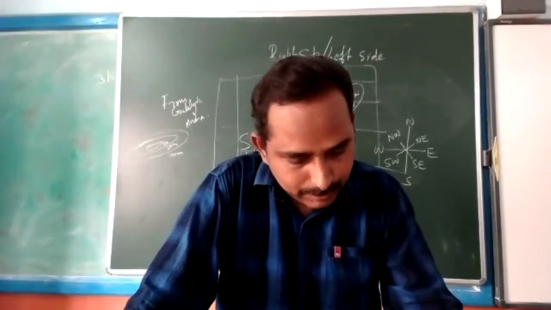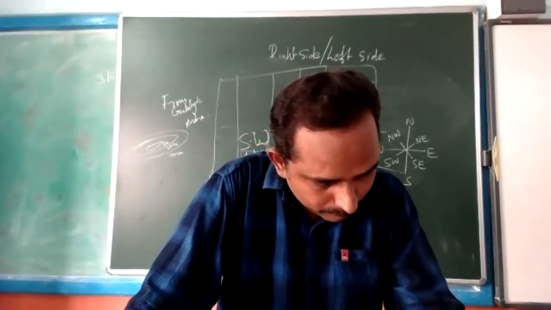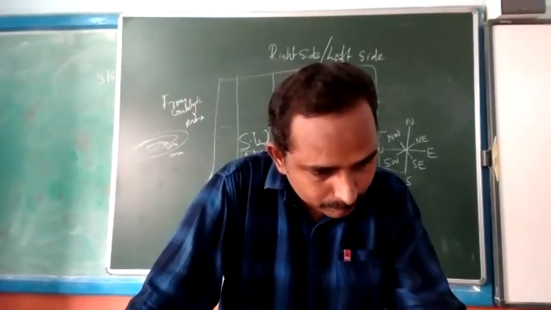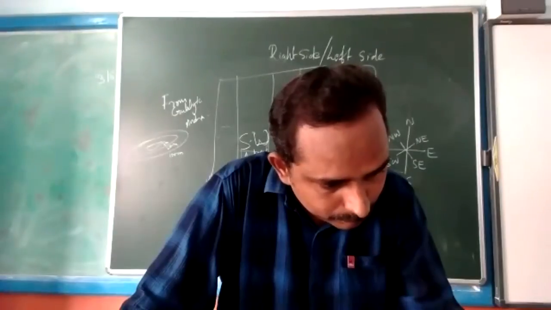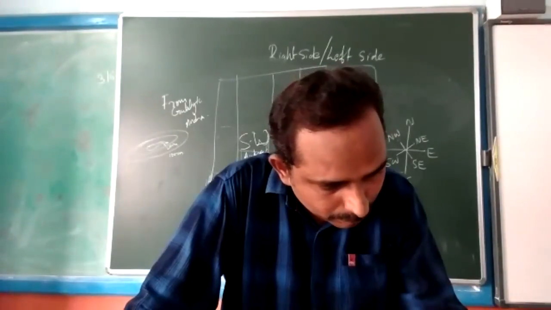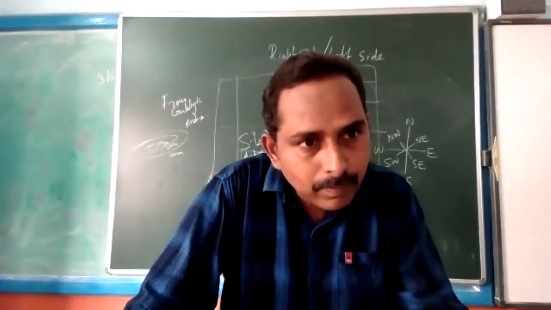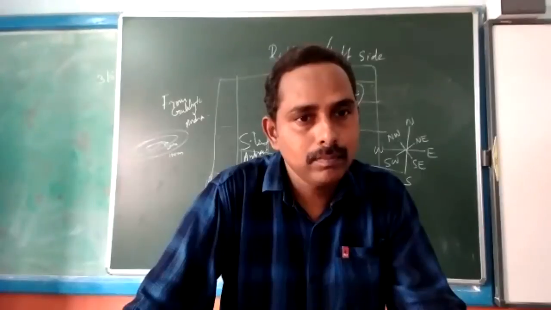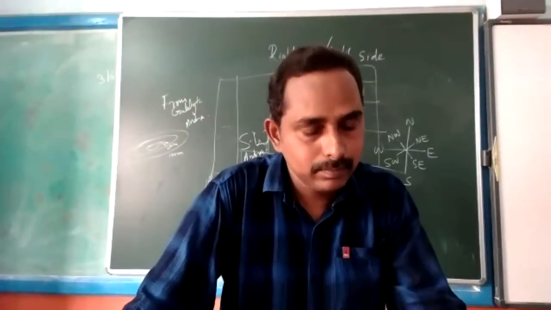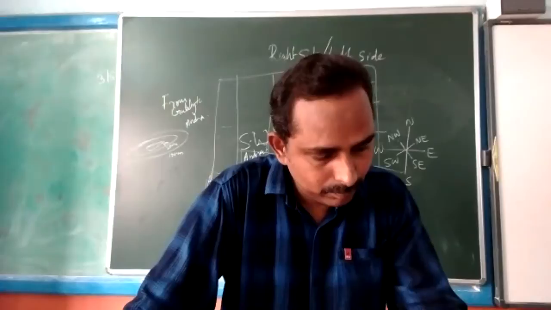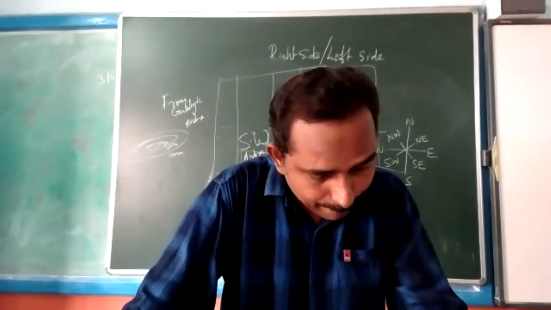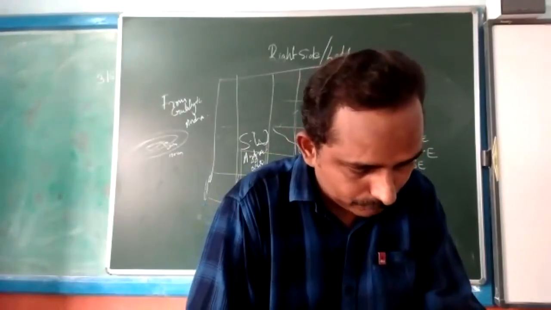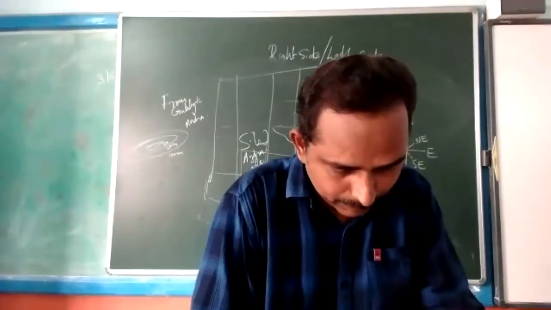Then which one? Chandela. Anybody seen? Yes, Divyanshi. Sir, in grid square 60 to 14. 60 to 14. Okay.